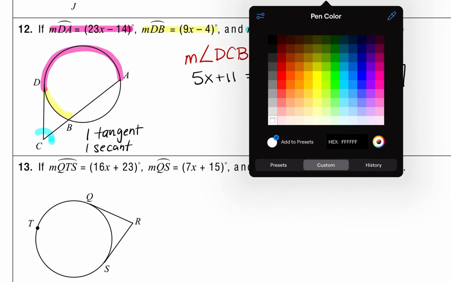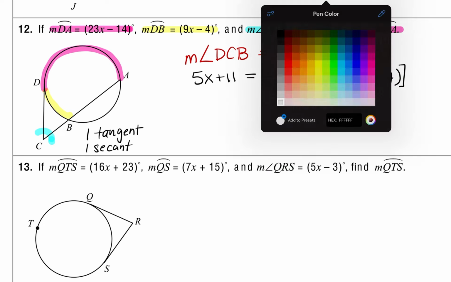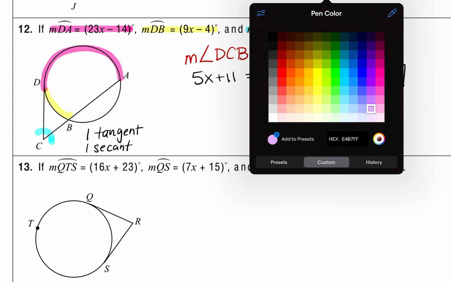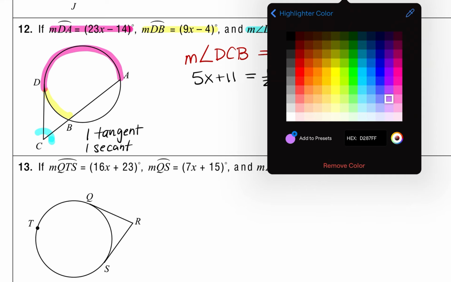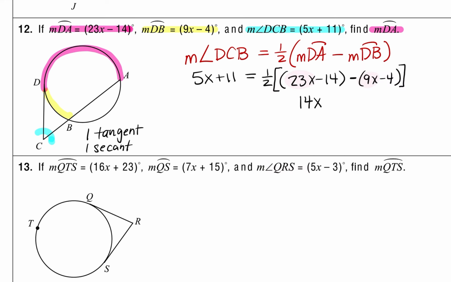And then we're doing negative 14 minus negative 4, because there is this little minus sign here.